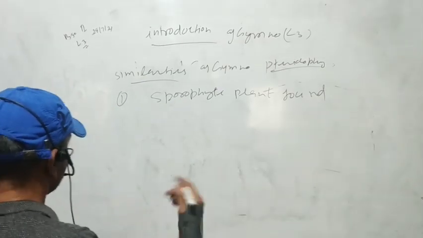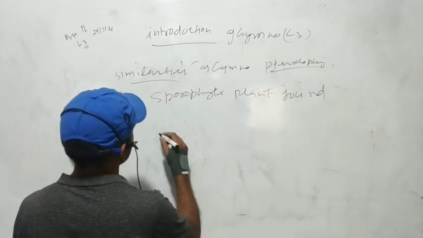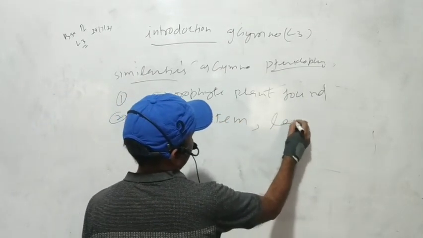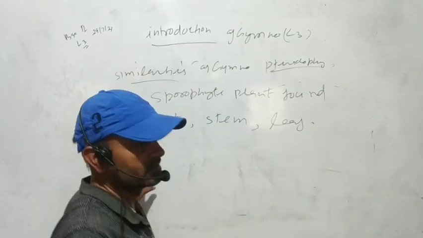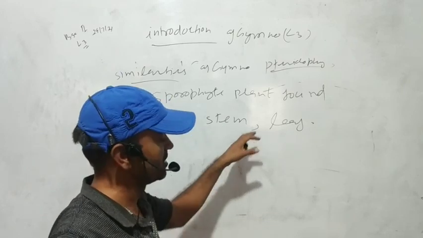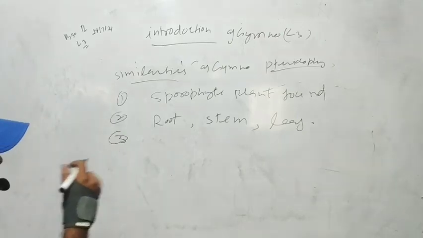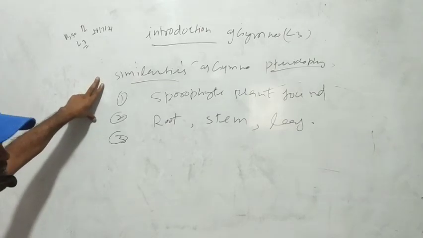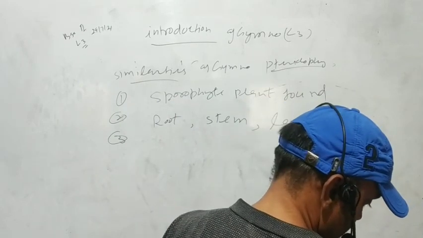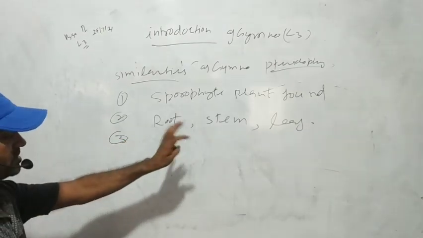And second point, the sporophyte is mostly divided into root, stem and leaf, which we always told you. This is the similarity we can study here with pteridophyte. First we tell the similarities and then after the dissimilarities. So the sporophyte has root, stem and leaf.